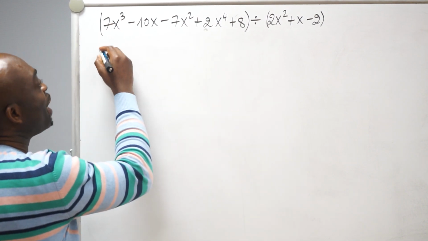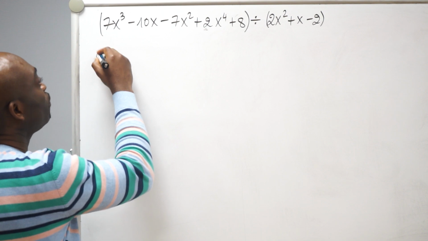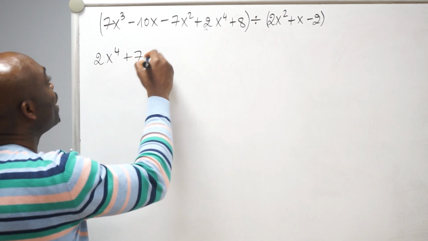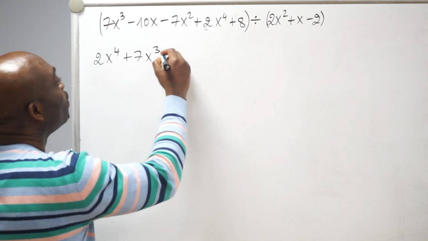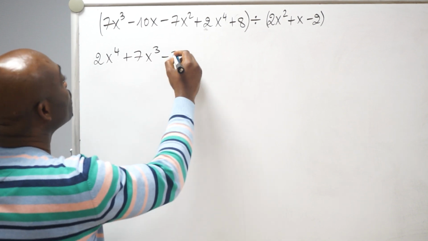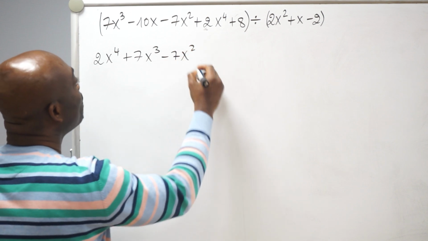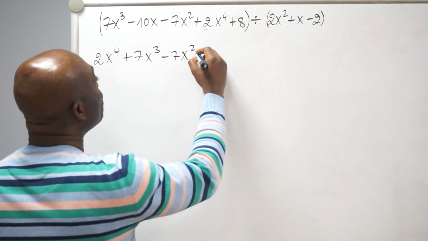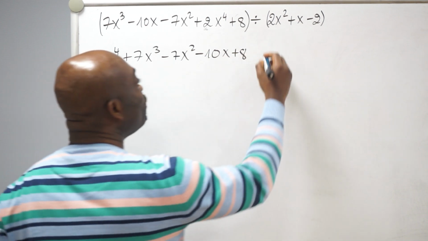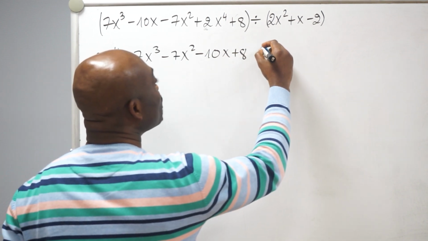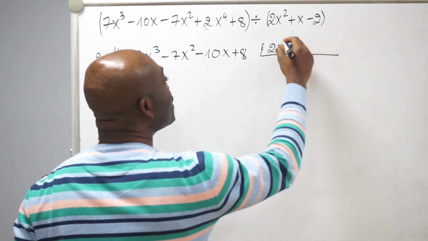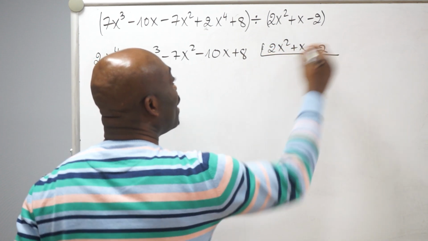So we have 2x to the power 4, plus 7x to the power 3, minus 7x to the second power, minus 10x plus 8, that you are dividing by 2x to the second power plus x minus 2, all right?